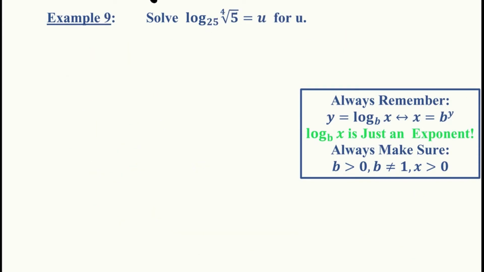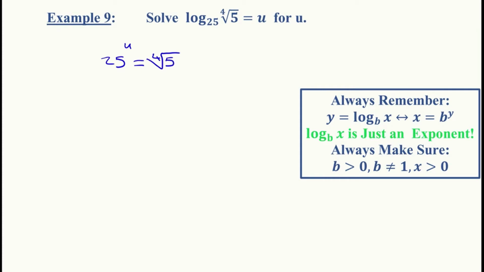All right, so here we have another one. We're going to go ahead and convert this to exponential form. So we'll start with the base, which is 25 raised to the power of the whole log, which is going to be the exponent. So u equals, now on the other side we know that we always get the argument, like so.